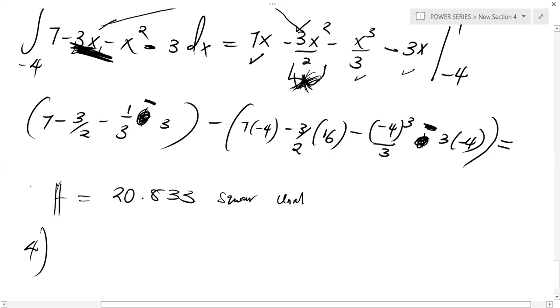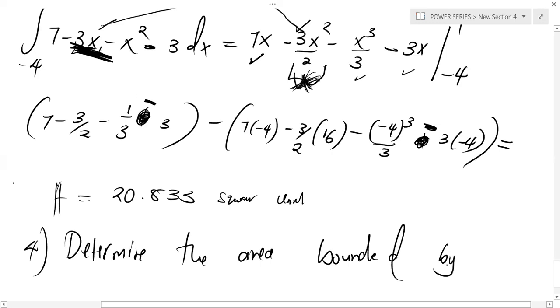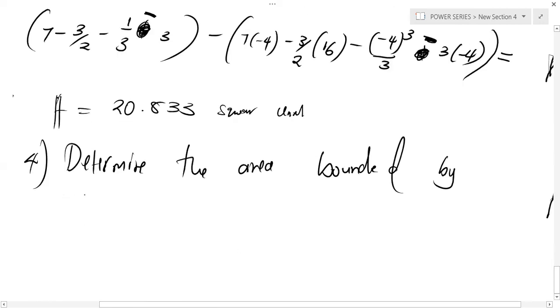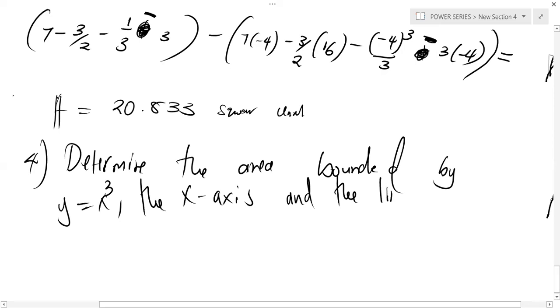Determine the area bounded by the curve y is equal to x cubed, the x-axis, and the lines x is equal to 2 and x is equal to 3. Determine the area.